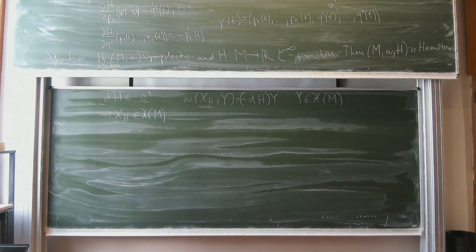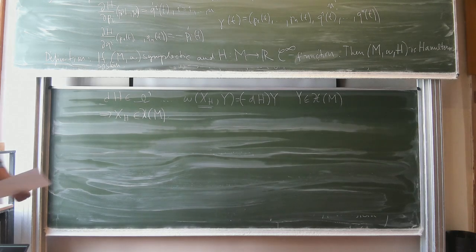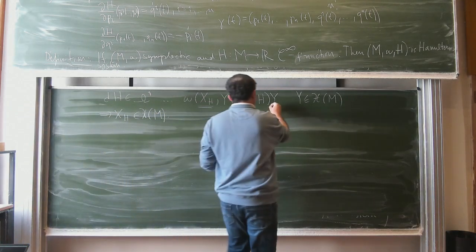Why is this true? Peter, why is this true? Because omega is non-degenerate at each point, so at each point we just get the dual to the bilinear form at the point, and actually the vector field.